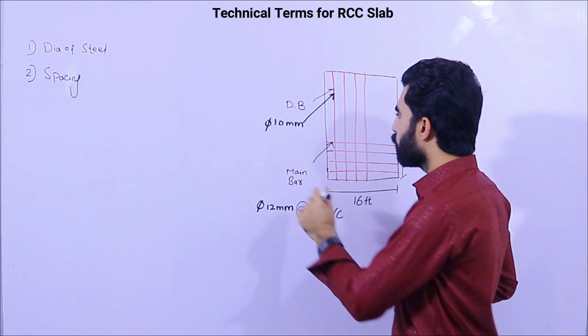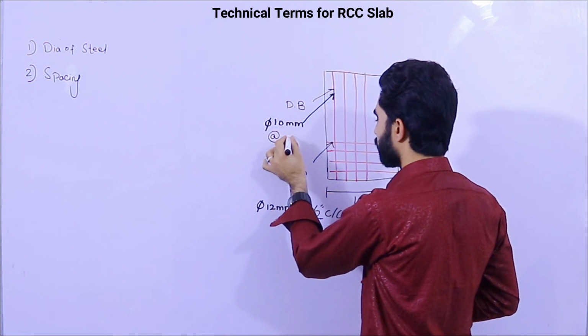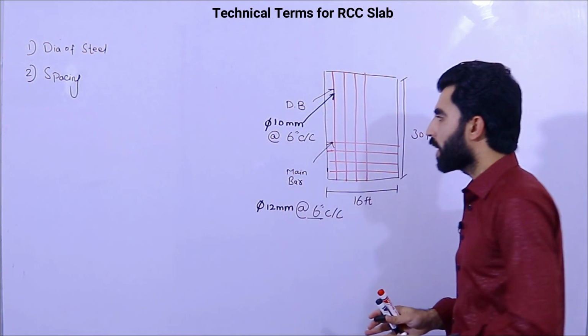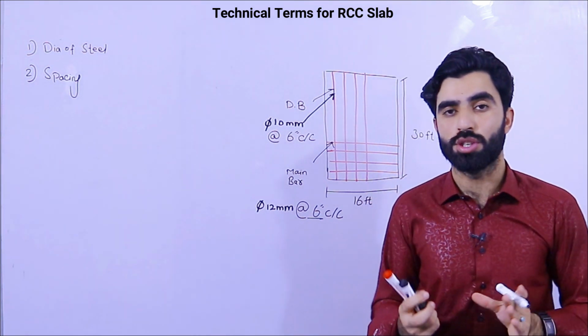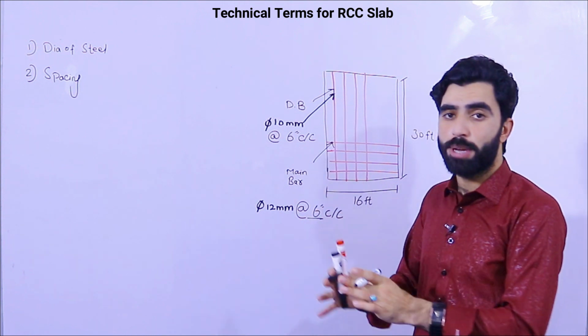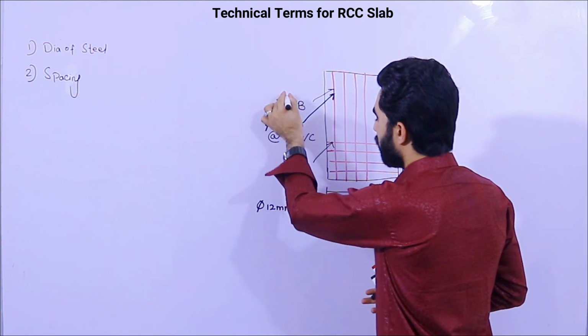If you want to use 10 mm at the rate of 6 inches C/C for distribution bars, it's okay. But if you want to use minimum steel reinforcement, in that case you need to use wider spacing, and that should be for the distribution bar, not for the main bar.